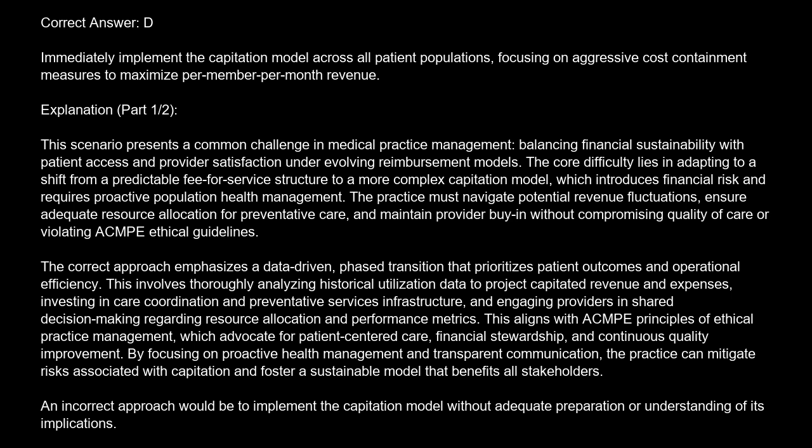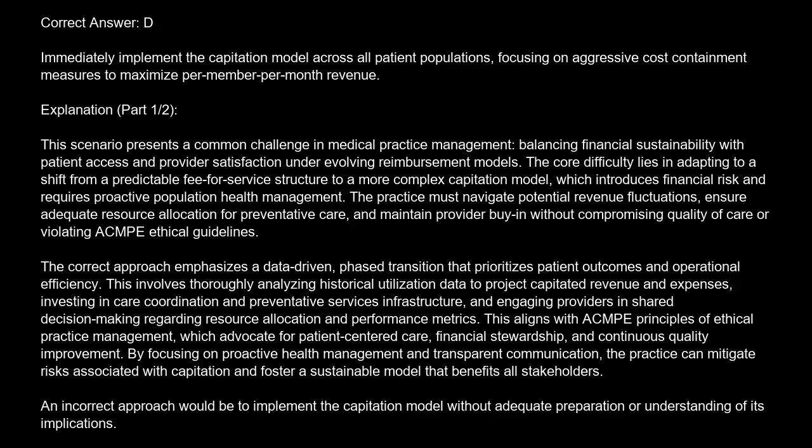The correct approach emphasizes a data-driven, phased transition that prioritizes patient outcomes and operational efficiency. This involves thoroughly analyzing historical utilization data to project capitated revenue and expenses, investing in care coordination and preventative services infrastructure, and engaging providers in shared decision-making regarding resource allocation and performance metrics.